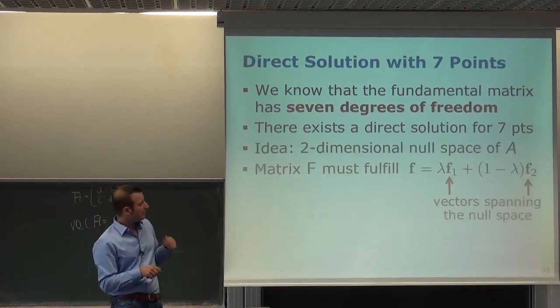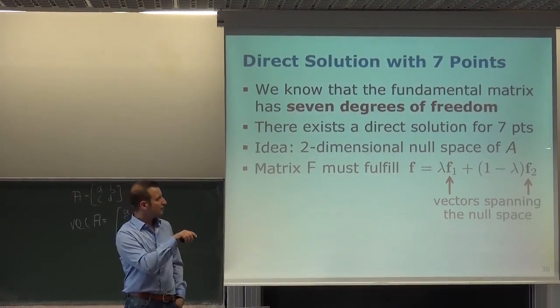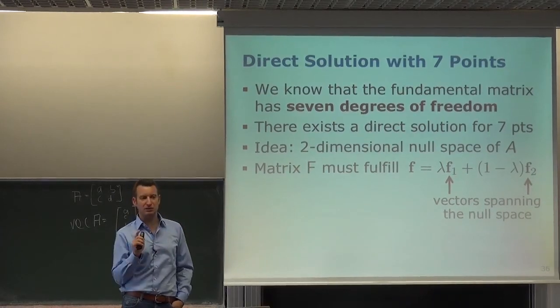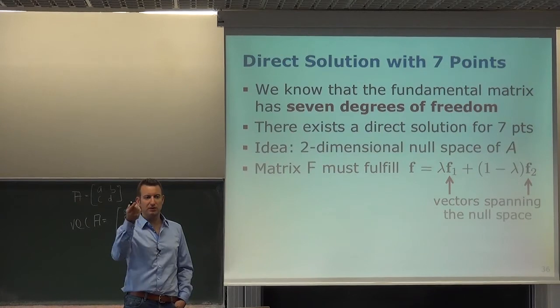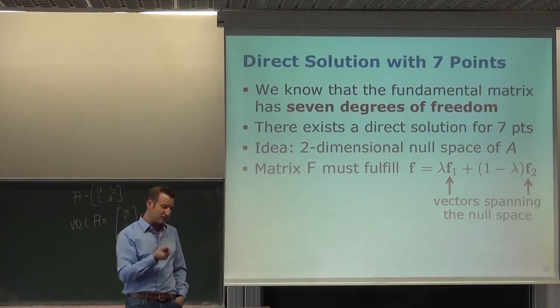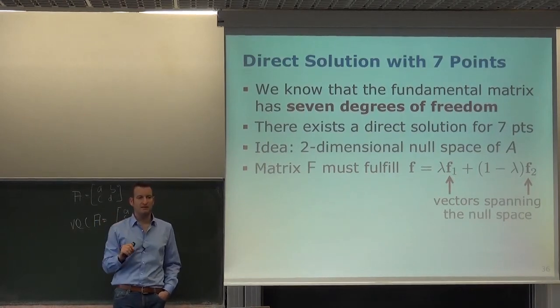So if I take into account the 2 vectors which generate the null space of A, this must now be 2-dimensional. Before, from 8 corresponding points, we had a 1-dimensional null space and picked our fundamental matrix.